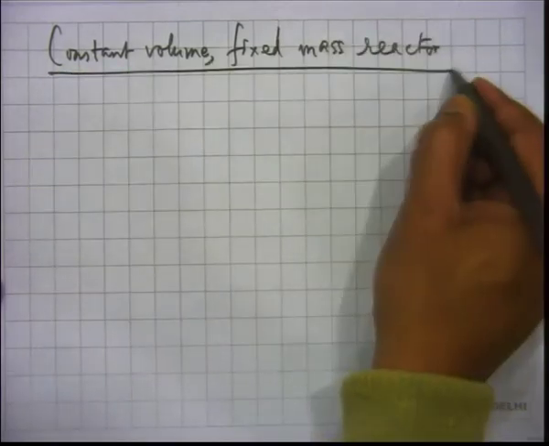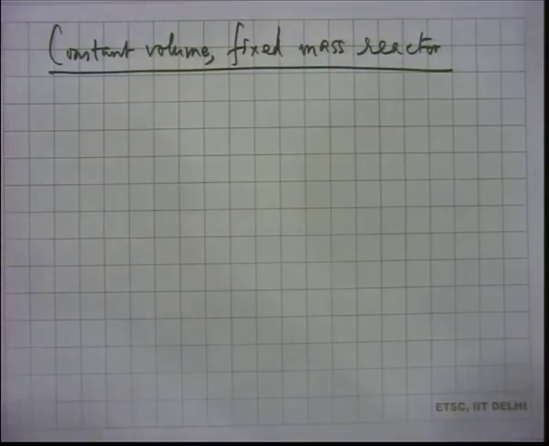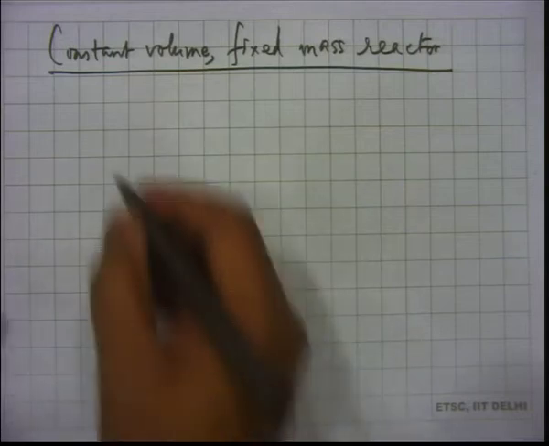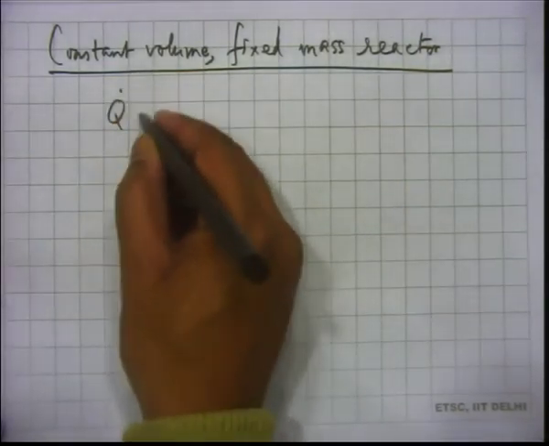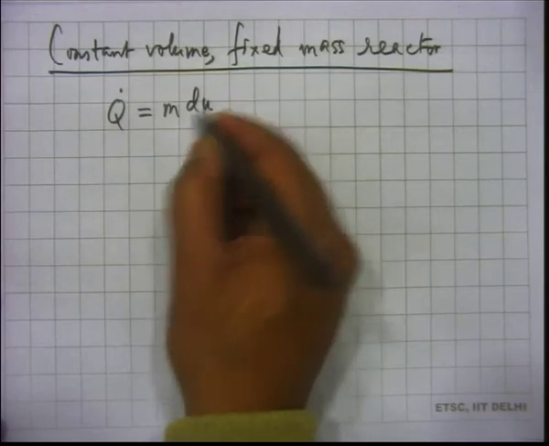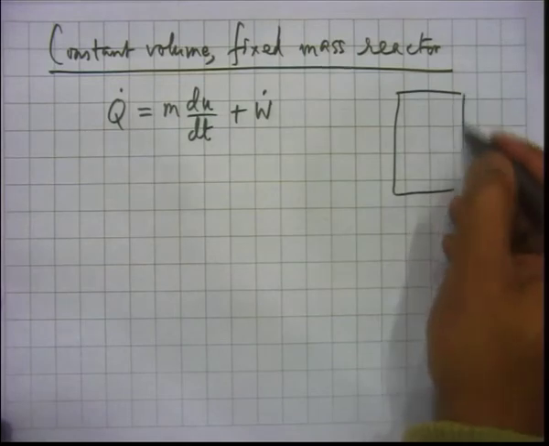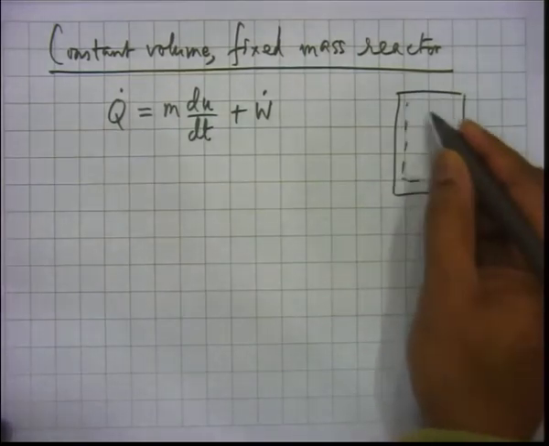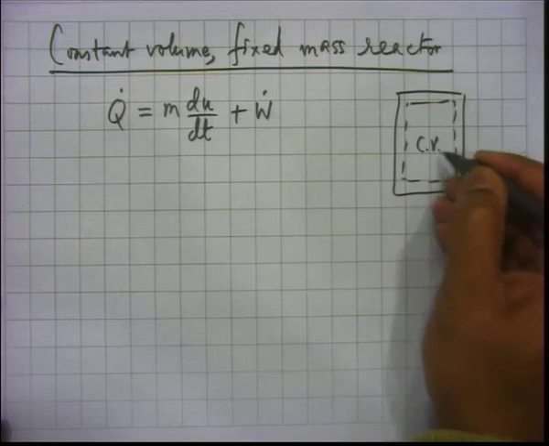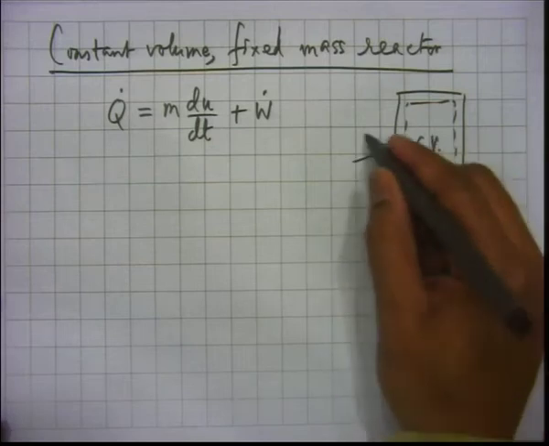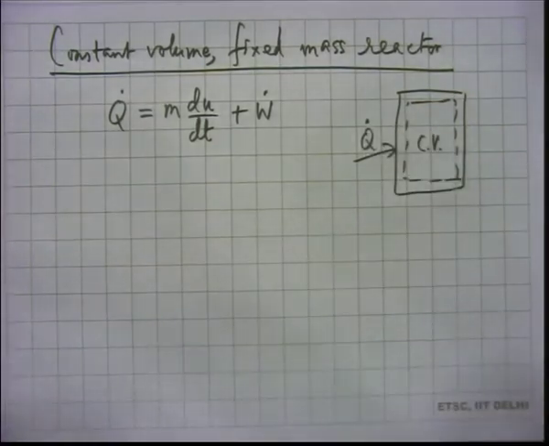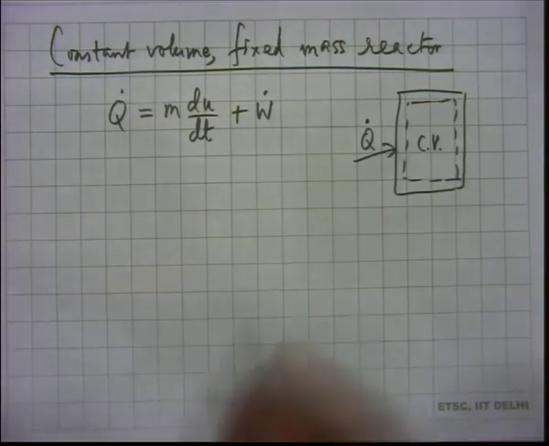fixed mass reactor, and here I am not going to do the full thing because I trust you will be able to do much of it on your own. You have understood the constant pressure reactor, I suppose. So, just follow the same thing. What will you have there for the constant volume case? This is the first law, this is the rigid vessel, this is the control volume that you are talking about, some q dot, w dot is 0.